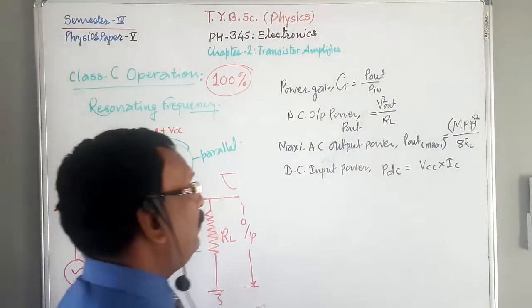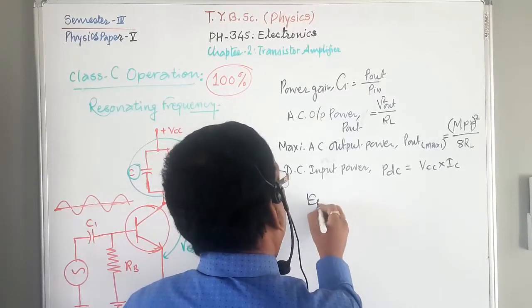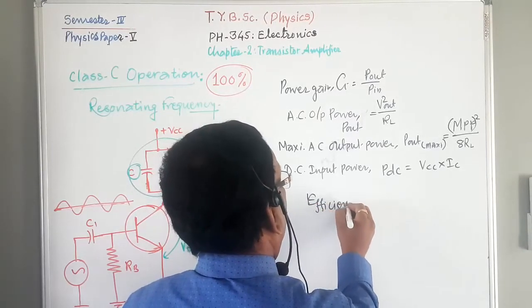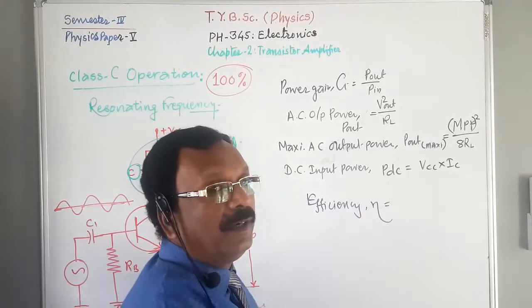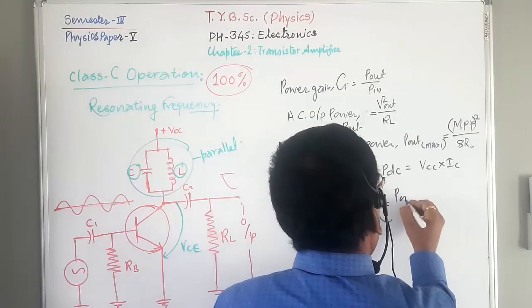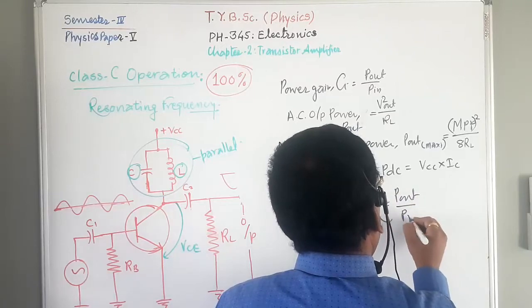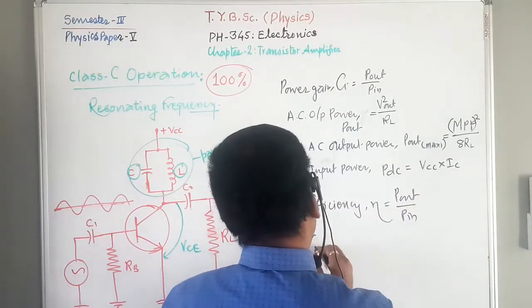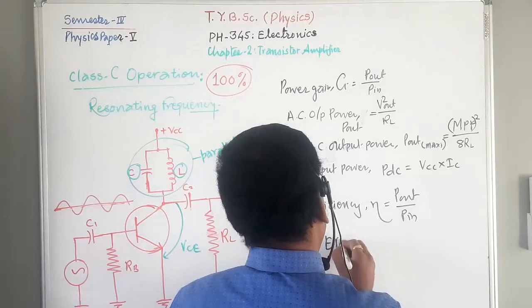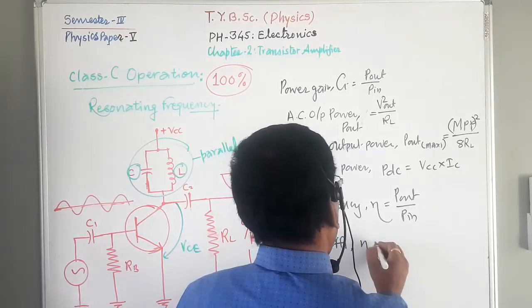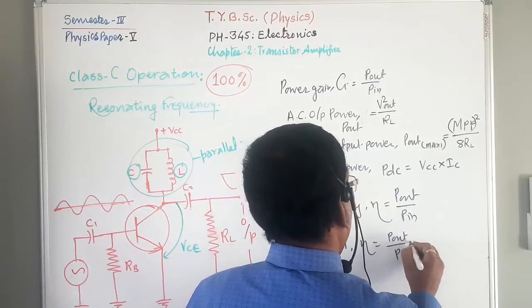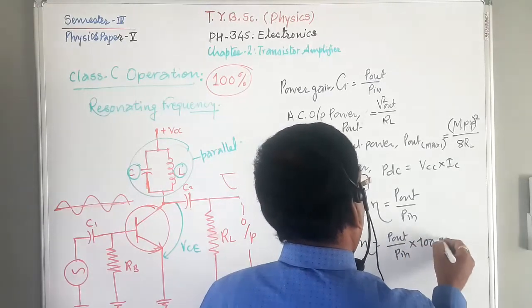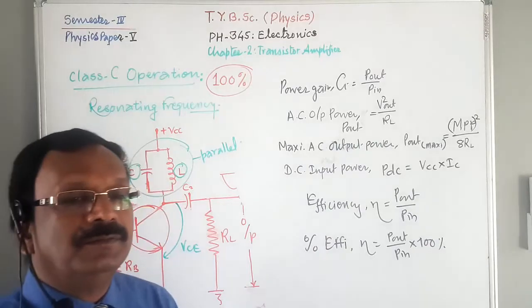Now efficiency. The notation is eta, and efficiency is P out upon P in. And percentage efficiency is eta equal to P out upon P in into 100.